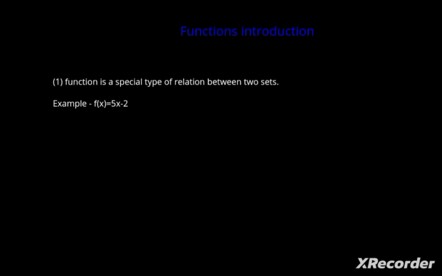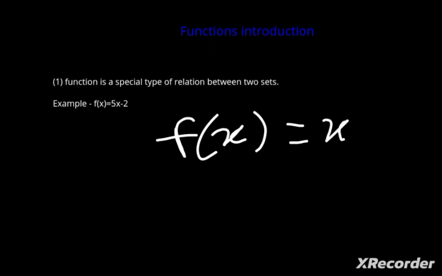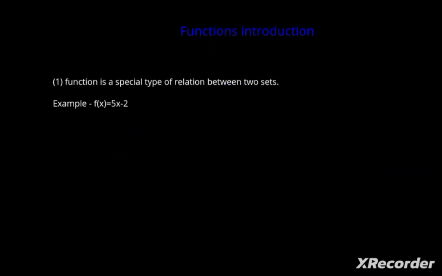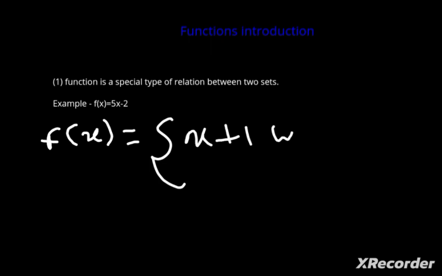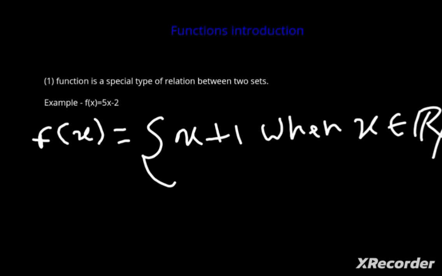Let's take something more complicated than f of x equals x plus 2, which will be too easy for you. f of x is equal to x plus 1 when x is in the set of even numbers, which we write as 2Z.